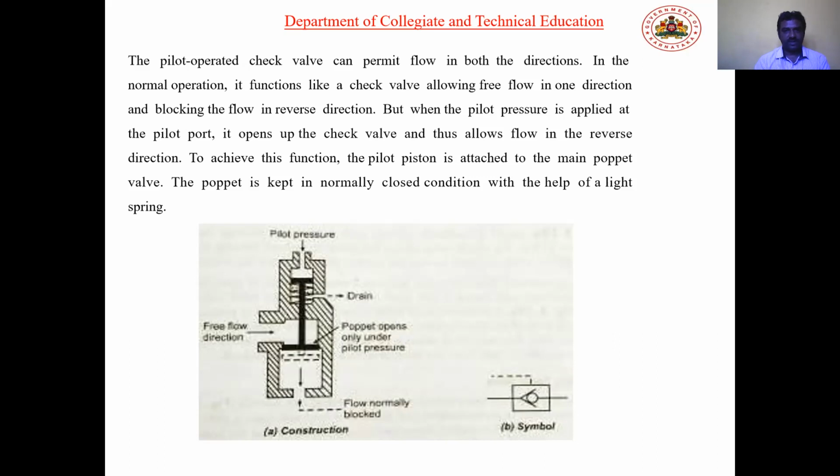So this is the construction and working of a pilot operated check valve, and figure B shows the graphic symbol representing the flow of fluid in both the directions. The graphic symbol shows that flow occurs in both the directions. So this is the construction and working of a pilot operated check valve.